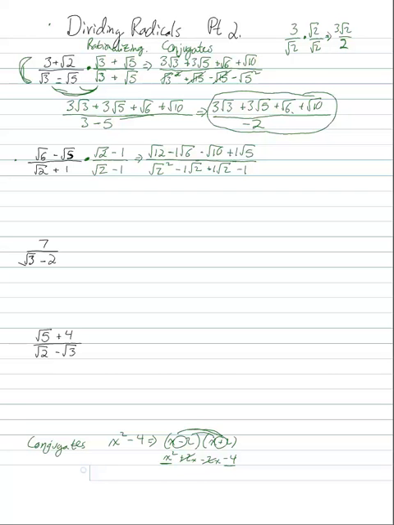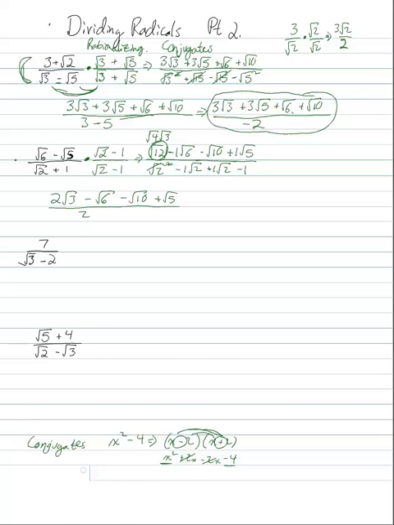Square root of 12, I can actually simplify. Square root of 12 would break down into square root of 4 times square root of 3. So I'm going to get 2 square root of 3 minus square root of 6. I can't do much, there's no reason to write the 1. Minus square root of 10. I can't do much. Plus square root of 5. The denominator, square root of 2 squared is just 2.